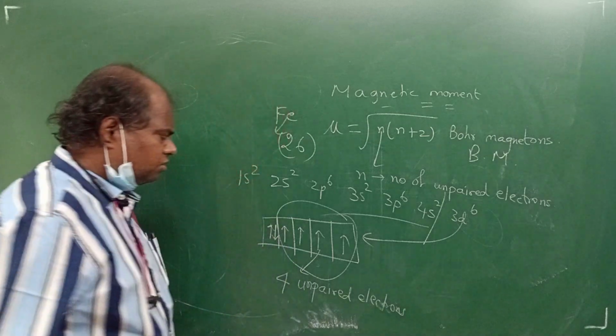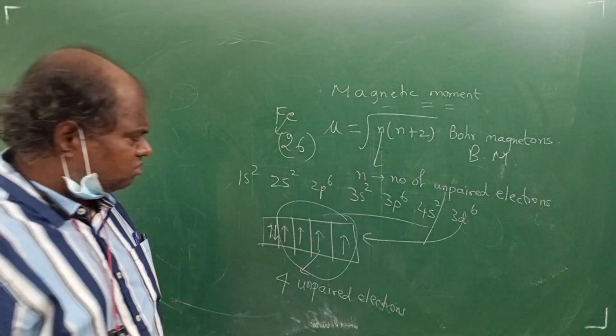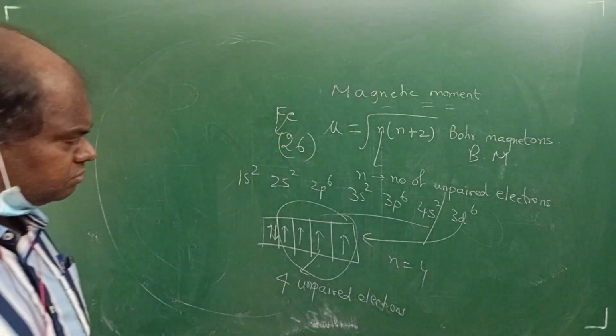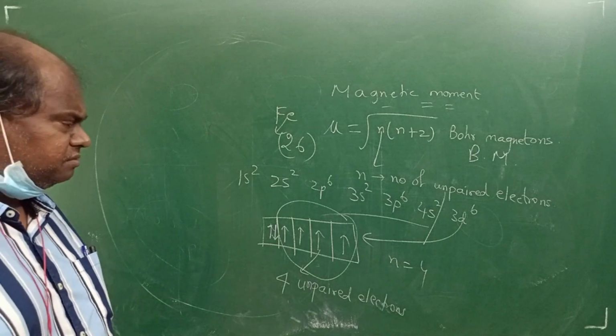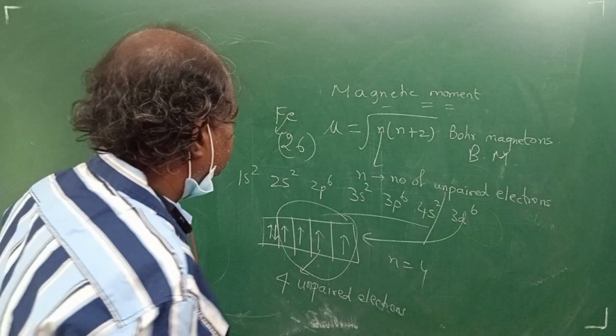Yes. You have got 4 unpaired electrons. Now n is equal to 4. You require the number of unpaired electrons, right? So you put 4. Fine. So if you put 4, what is the answer you will get?